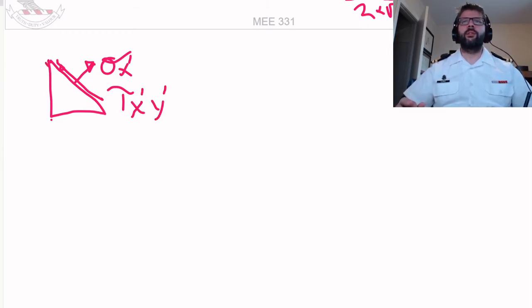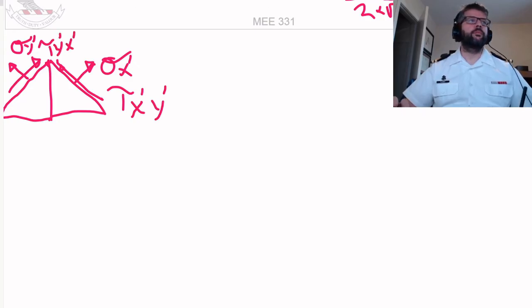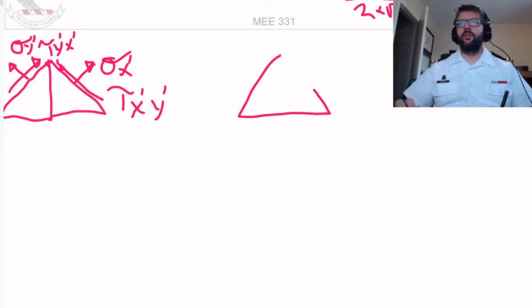If we add another triangle here, the same process would be used, which would find us sigma y prime, and it would find us a tau y prime x prime. Similarly, we could use that to extend that.